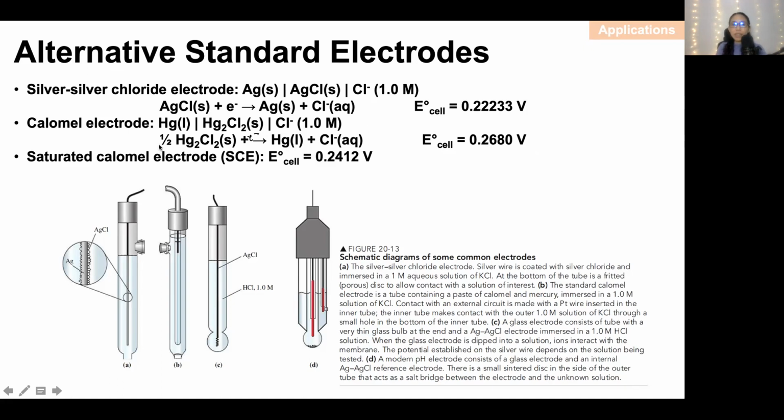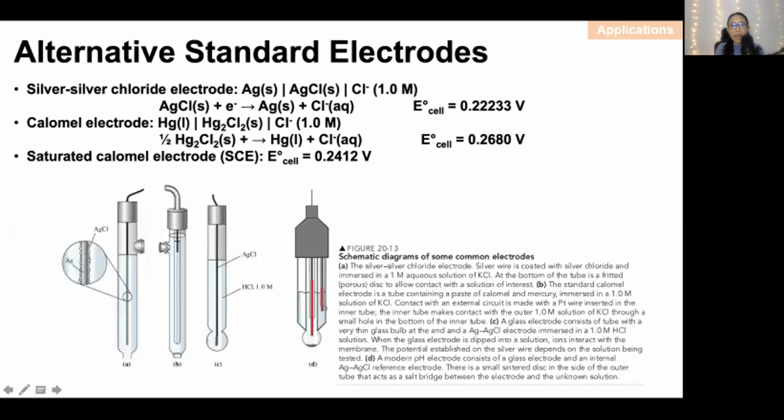And then finally, there's the saturated calomel electrode, which is just your calomel electrode, but instead of using a 1 molar solution of chloride ions, it uses a saturated solution of chloride ions.